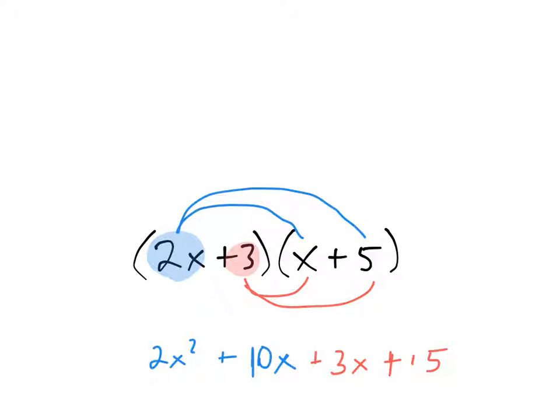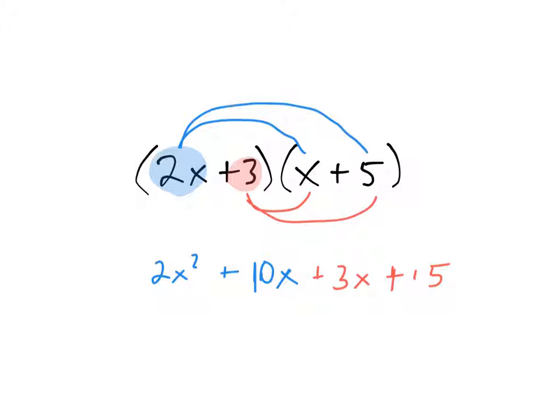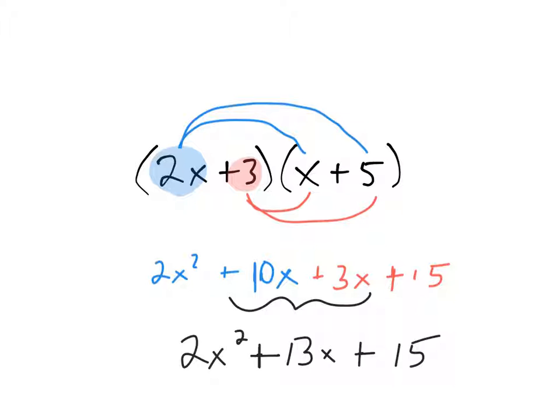Okay, now, am I finished? No. Why not? Like terms. I have some like terms. What are my like terms? 10x and 3x. Very good. So I'm going to take this 10x and that 3x and put them together. And that leaves me with my final answer of 2x squared plus 13x plus 15.